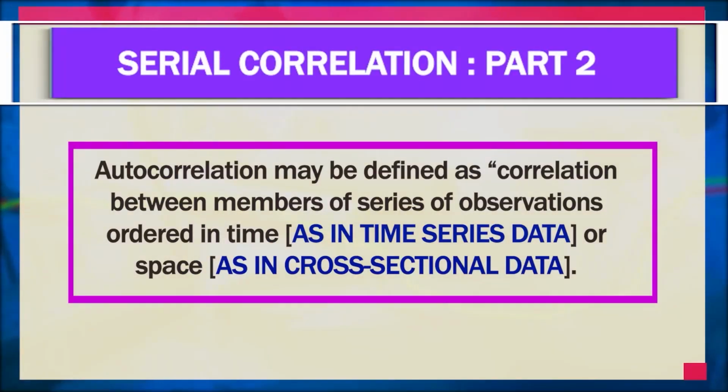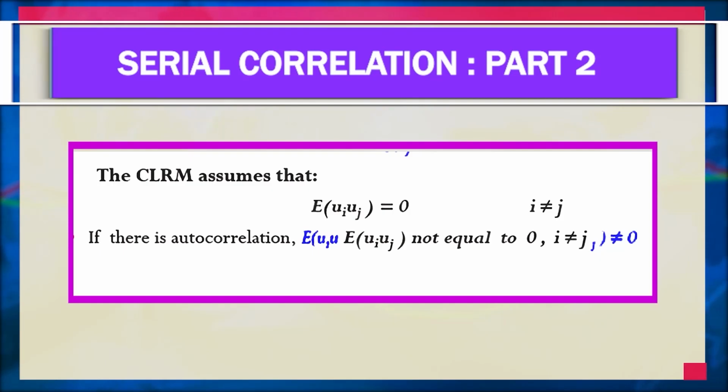When we are defining the problem of autocorrelation, we mean that the error terms are related with each other, which is very much pronounced in the case of time series data, or in the case of cross-sectional data also. By the OLS assumptions under a classical linear regression model, the covariance between the error terms is 0, where the expectation of u_i u_j is equal to 0, where i and j are not equal to each other.